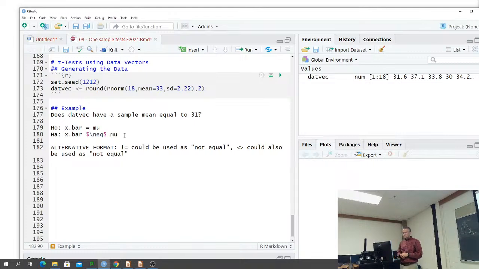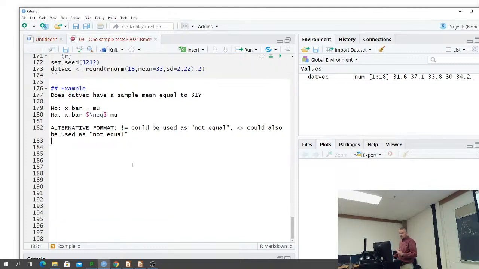That could also potentially be used. So I'm using it, so if I script it, or if I knit this, it's going to actually show our not equal sign. It'll show that, but if you wanted to do it that way, that's also possible.